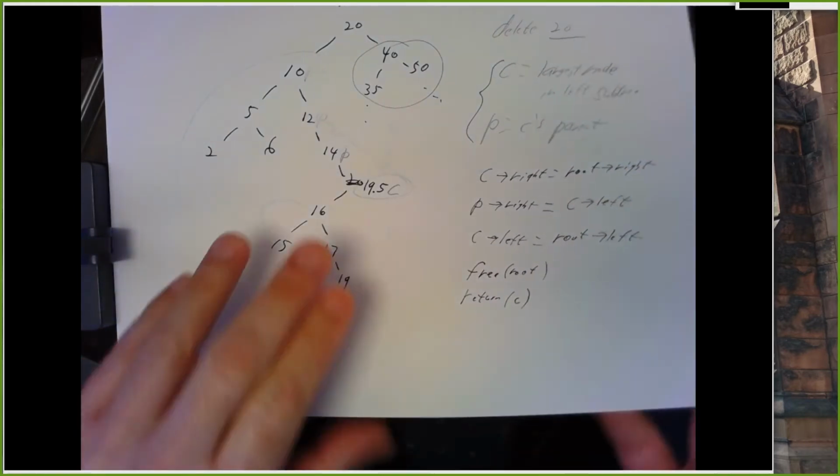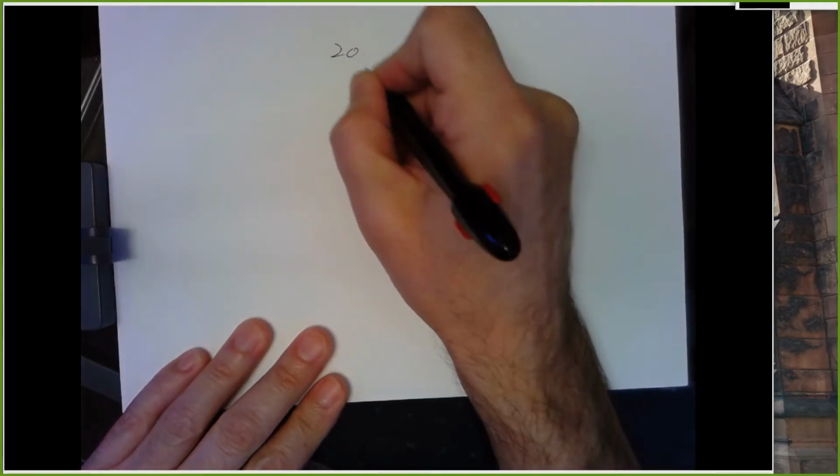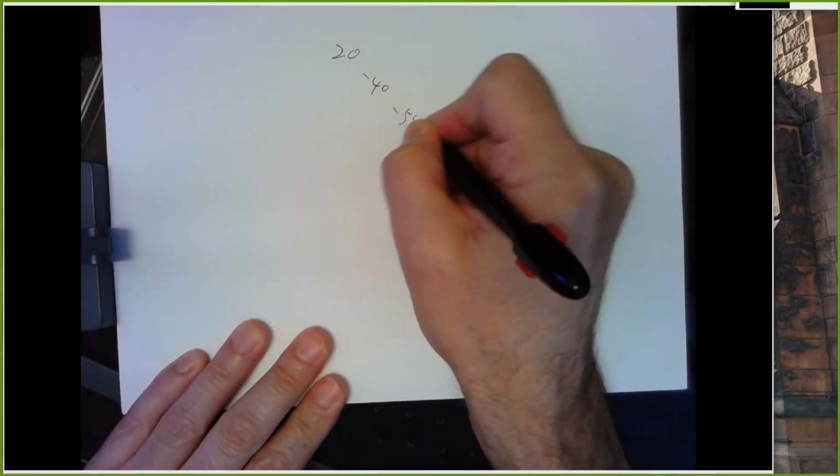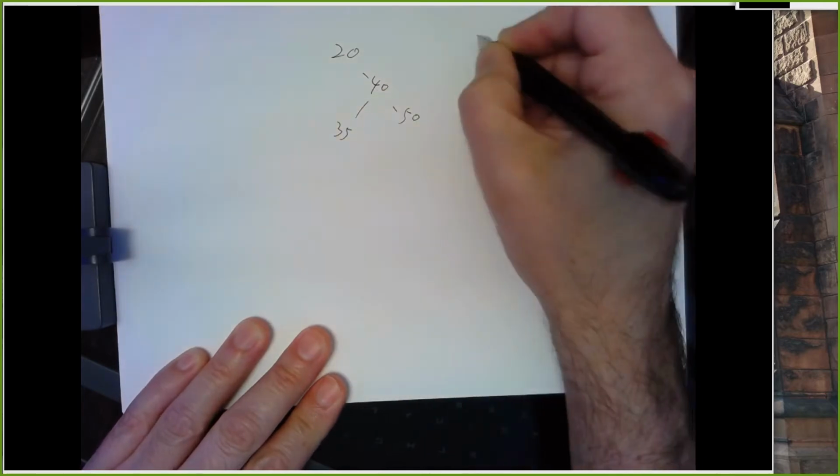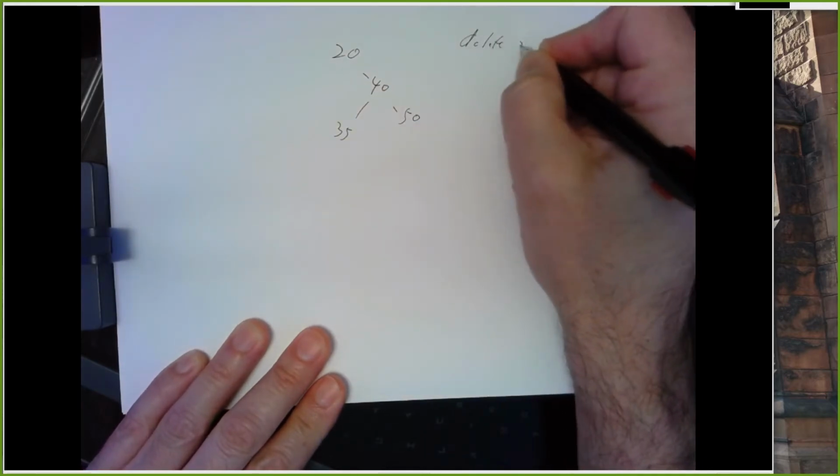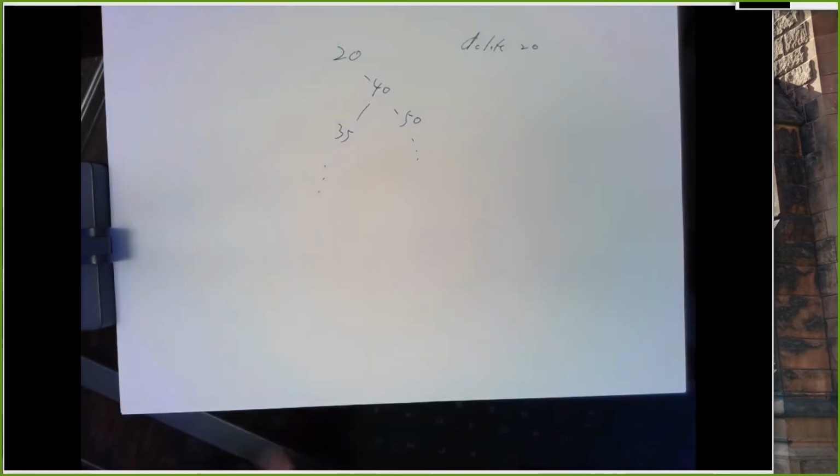The other condition, of course, is if there's no left subtree at all. If this is our tree and we want to delete the root, there is nothing to the left. We can't find the largest node in the left.